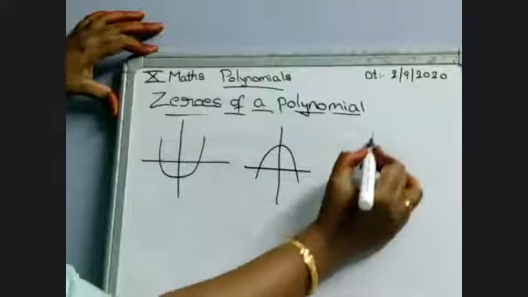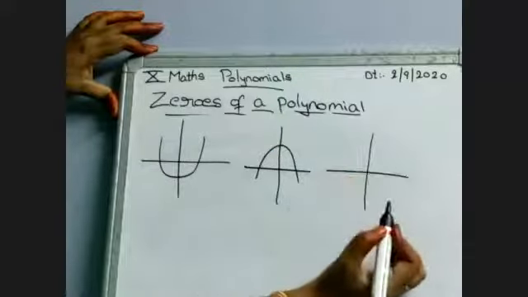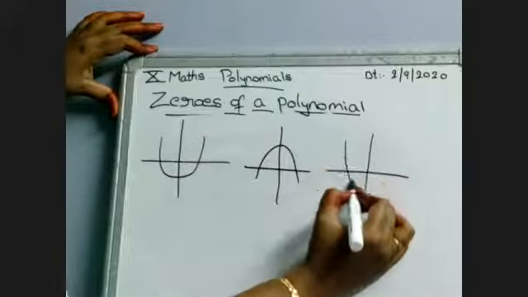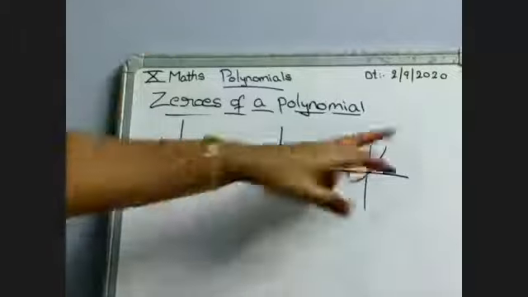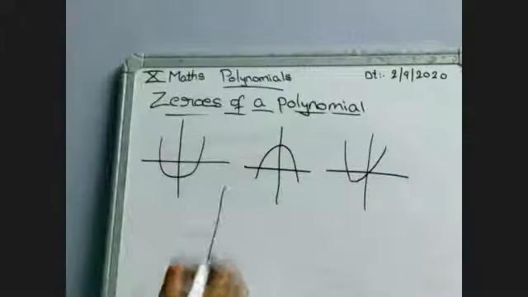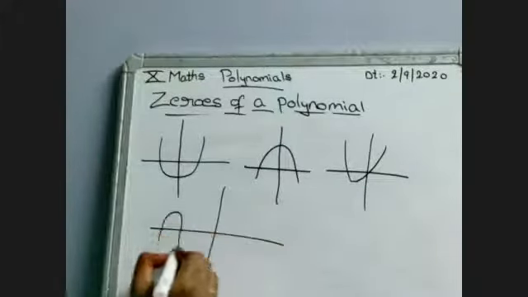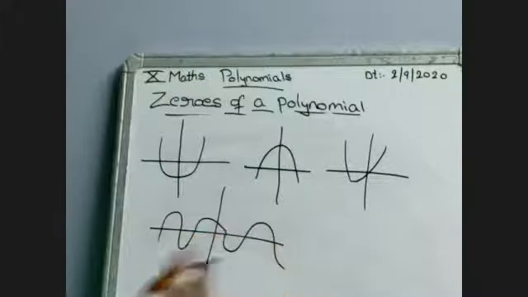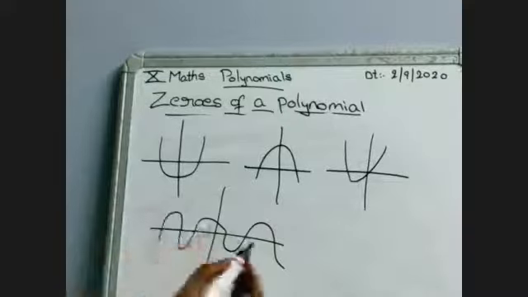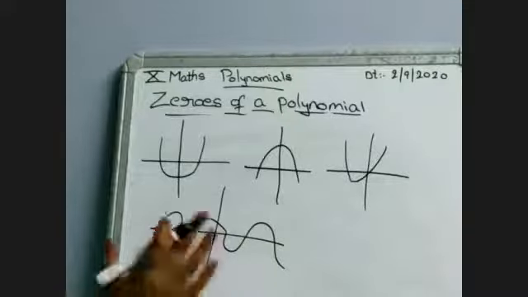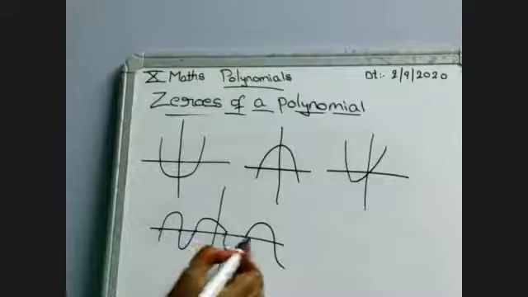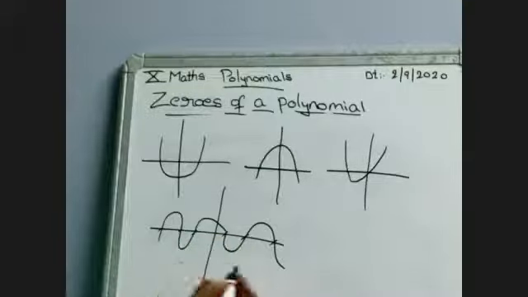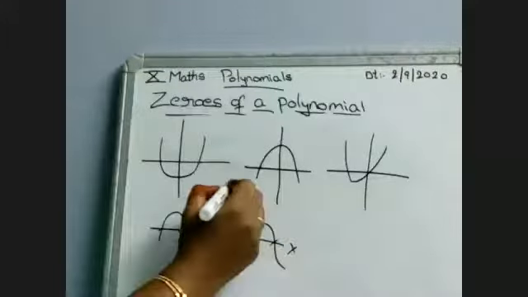Like this it will go, cutting the zero. Suppose you observe here, how many times it is cutting the x-axis? 1, 2, 3, 4, 5, 6. So 6 times it is cutting the x-axis. So this is the x-axis, this is the y-axis.